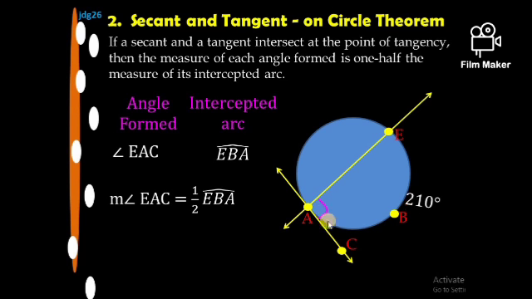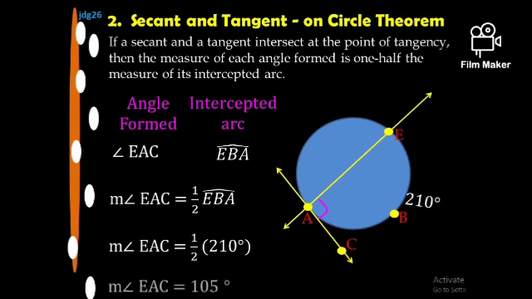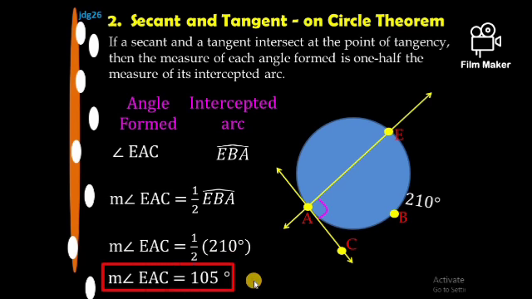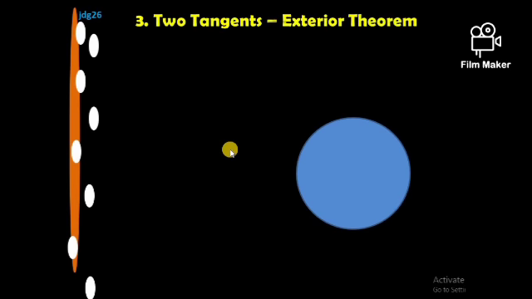So, let's have some example. If the measure of arc EBA is 210 degrees, then the measure of angle EAC is equal to 1/2 of 210, which is equal to 105 degrees. And that's it.